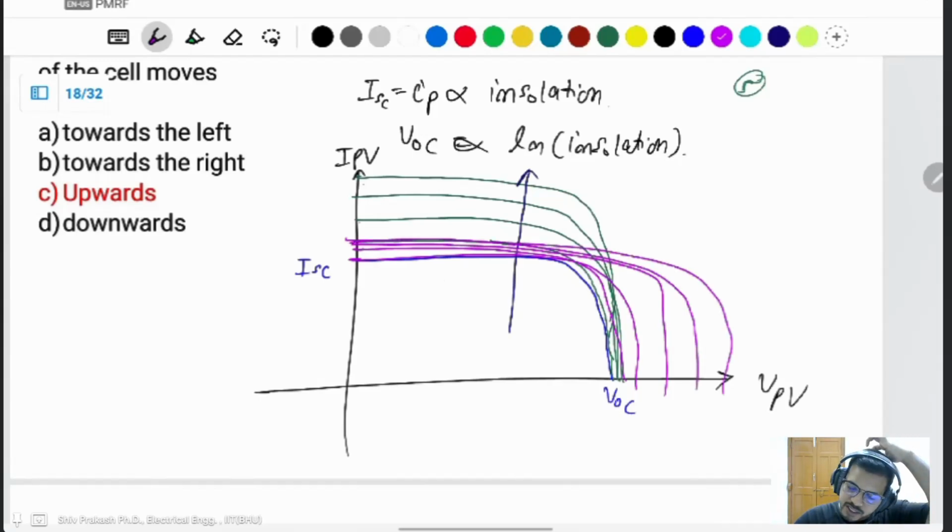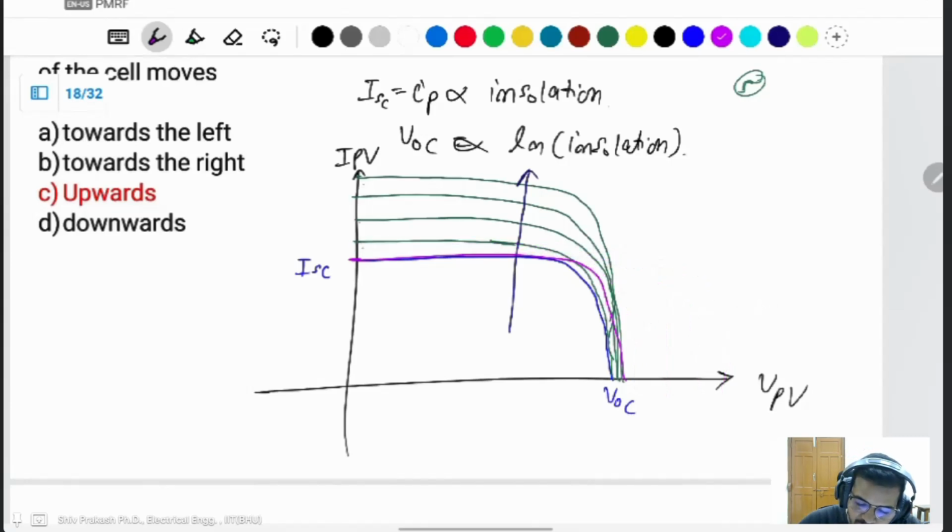Left move means the voltage will be decreasing, and when voltage decreases, the curve moves towards the left. Down shifted means the current will decrease. But in this condition, insolation increases, so the current will increase more and the voltage will increase, but not as much with respect to the current. That's why the whole curve moves upward.